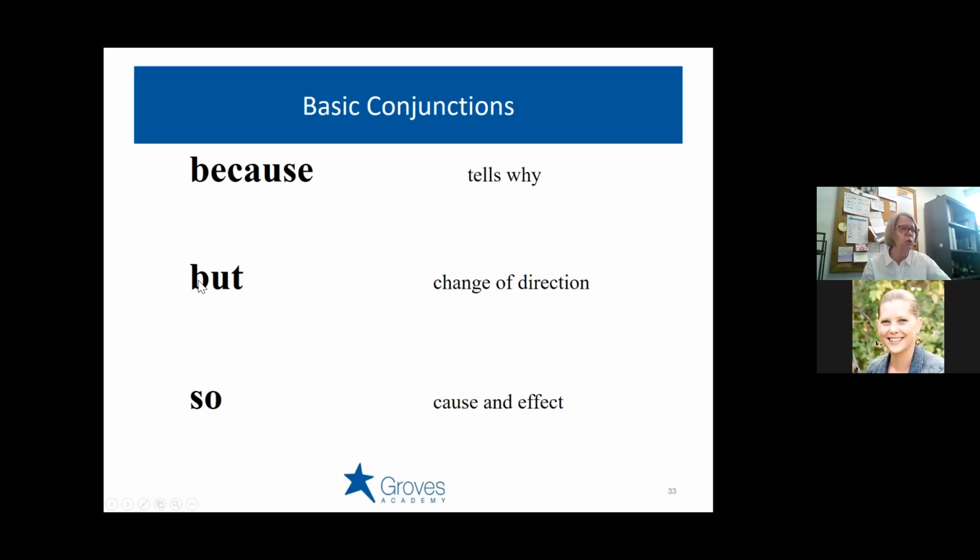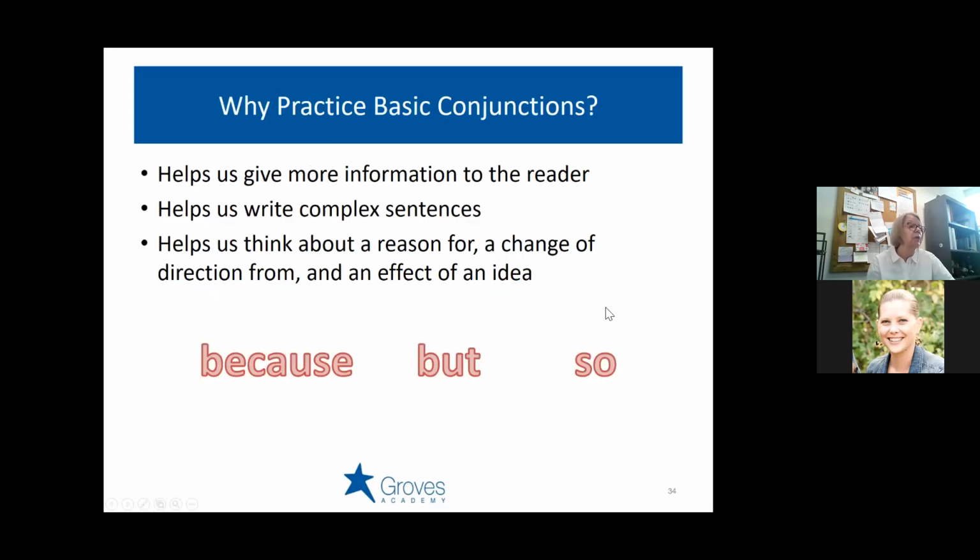Something is true, but we have to think of something else that may not be true. So is great for asking for cause and effect. So let me show you how this works.